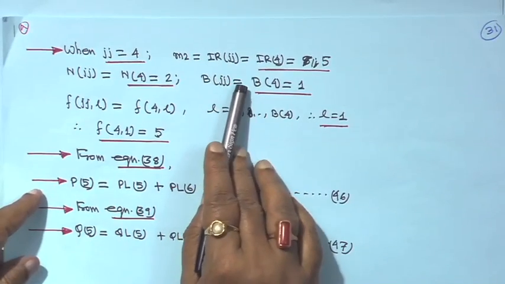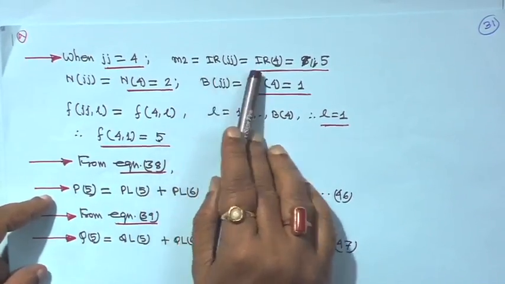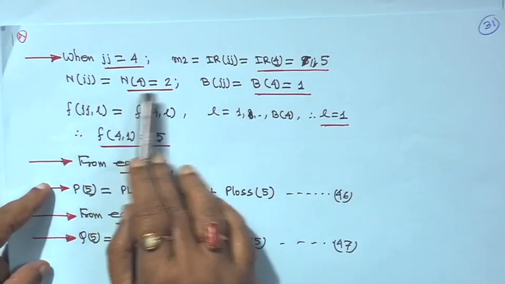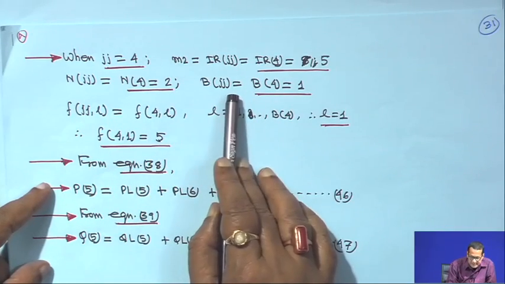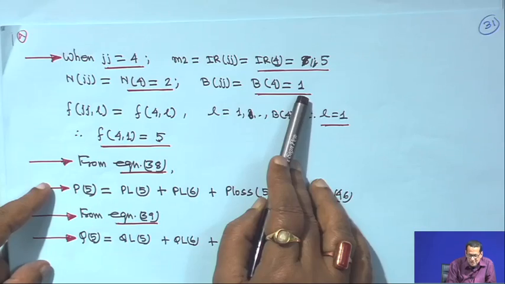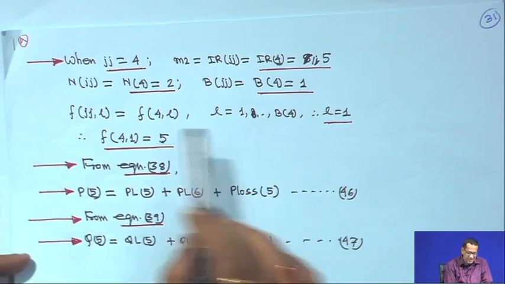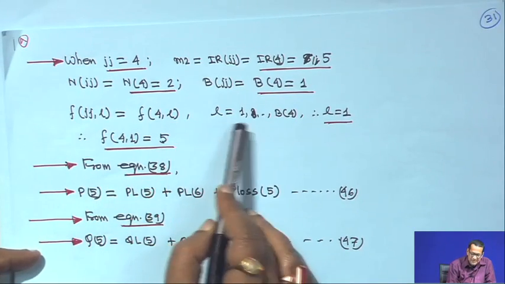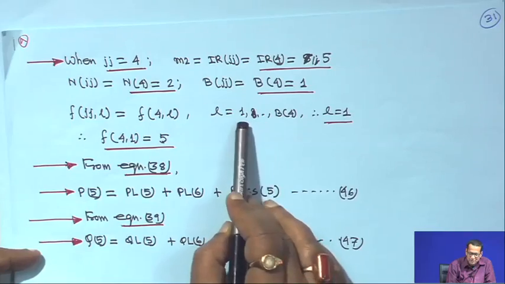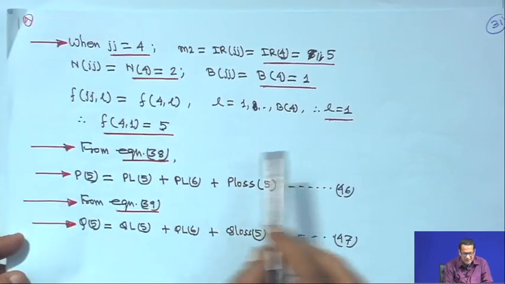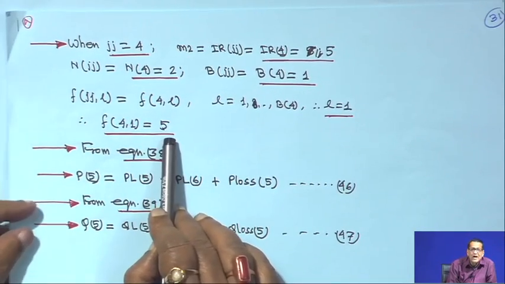Similarly, when JJ is equal to 4, not going to the diagram again and again because this is understandable now, M2, the receiving end node, is 5 and NJJ, N4, is 2, same as before, and in that case BJJ, B4, is 1, that is only one element, right. Therefore FJL, F4L, with L equal to just 1 to B4, is only one element, and L is equal to 1, therefore F41 is equal to 5.